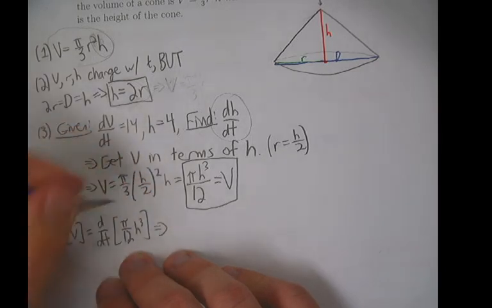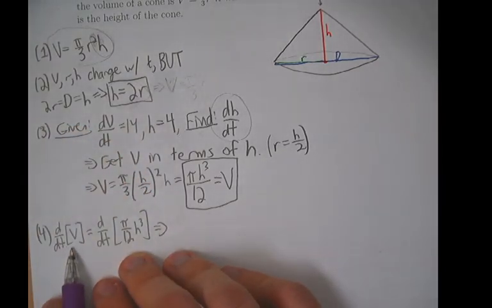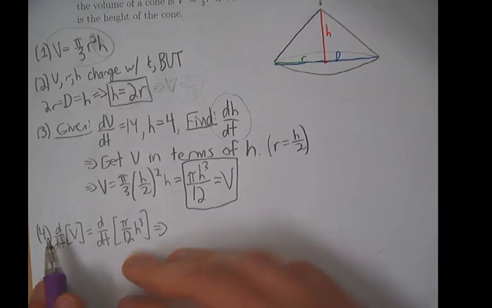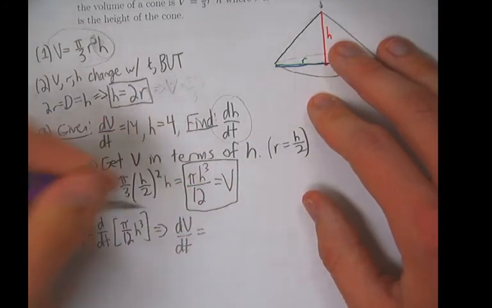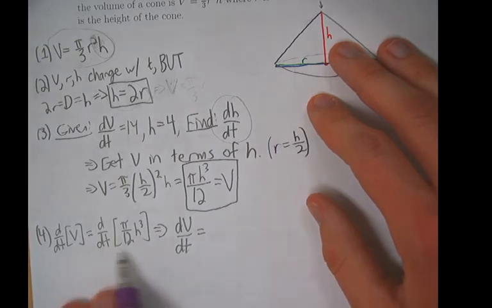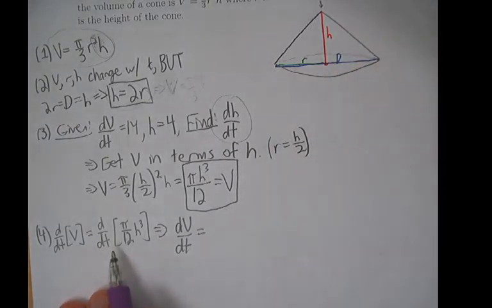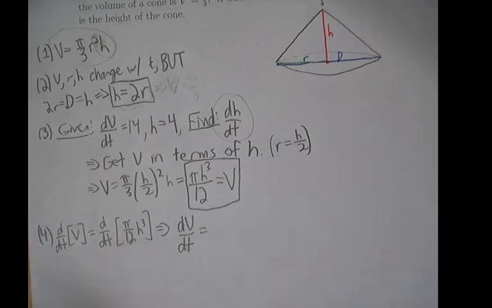As we've already seen enough times before, the left side is just going to end up being dV/dt. But what about the right-hand side? If we employ the similar trick that we used in example 3, what would the derivative of the right-hand side be with respect to time t?